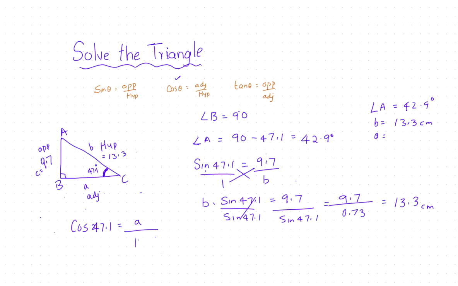So A equals cos 47.1 times 13.3. So cos 47.1 equals 0.68, times 13.3.